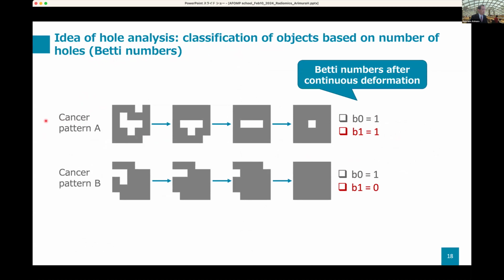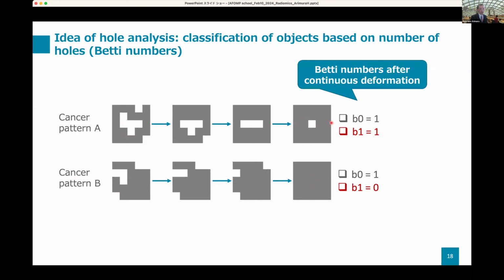Here is cancer pattern A, and here is cancer pattern B. By deforming the concrete shape of cancer pattern A until this simple shape, and cancer pattern B became this simple shape, we can calculate the B0 and B1 Betti numbers.